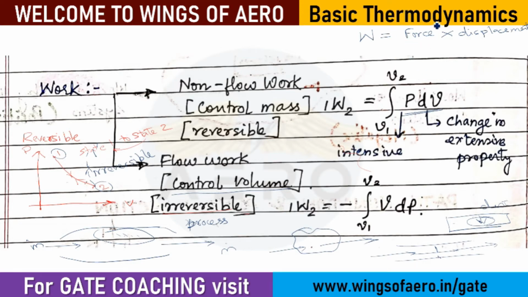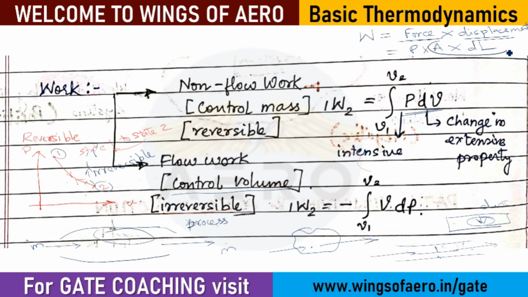Now how do you convert this force into pressure and this displacement? Can I write force in terms of pressure into area? Force equals pressure into area. And displacement, we can see as some change in path, let's consider dl.